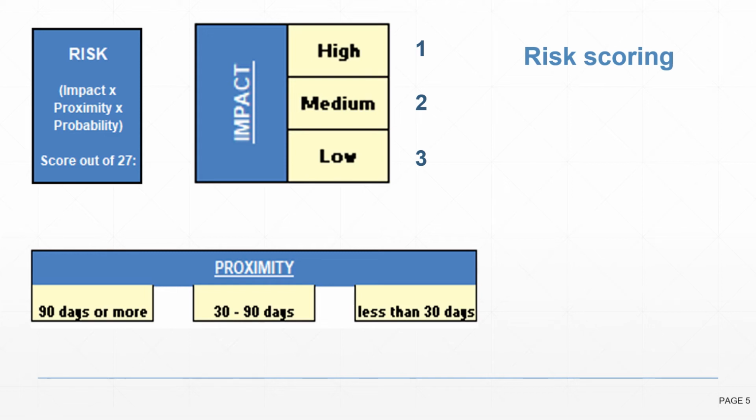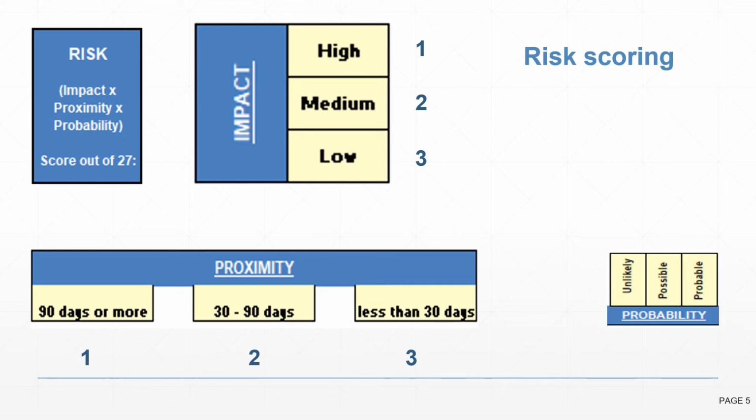We didn't have proximity before, but for this organization, it was important for them to know how soon this risk was likely to occur. So if it was 90 days or more, they gave it a scoring of 1. If it was 30 to 90 days, they gave it a scoring of 2. And if it was less than 30 days, they gave it a scoring of 3.